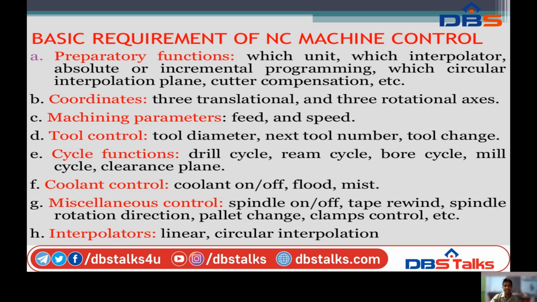In tool control, we are discussing tool diameter, tool numbers, and tool changing. What is the tool number? If we require, first I am starting with the drilling operation. Starting with the drilling operation, I am giving the notation for the drill bit. It is tool number 1.